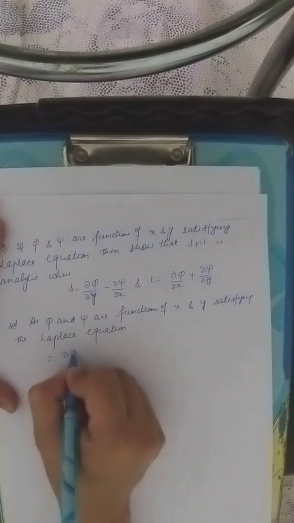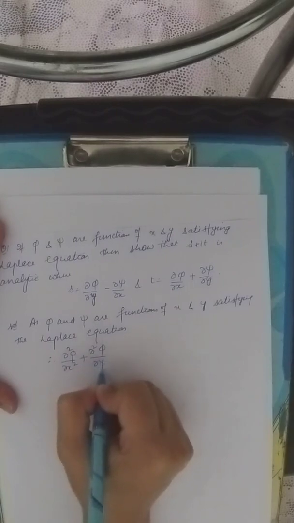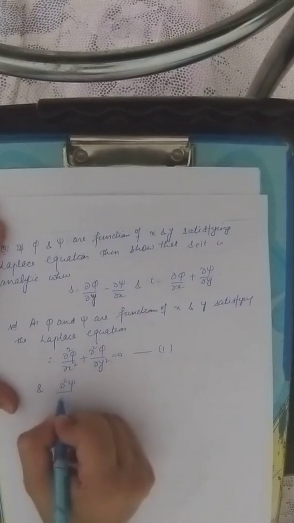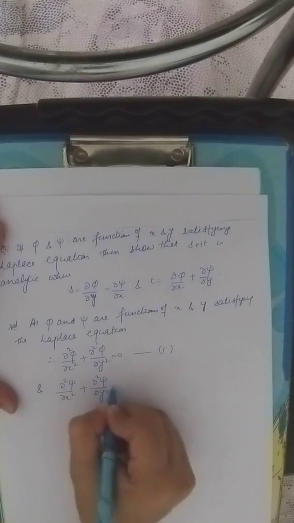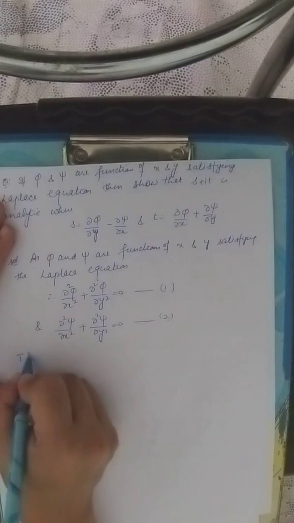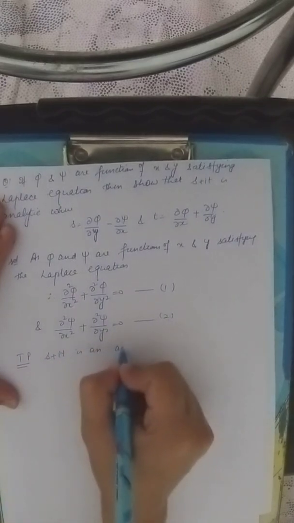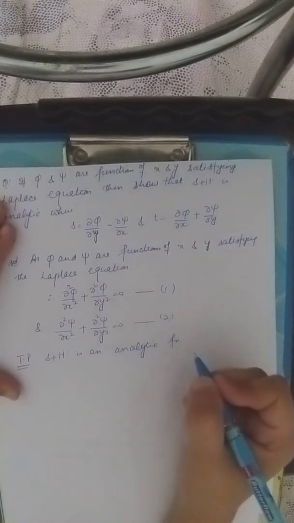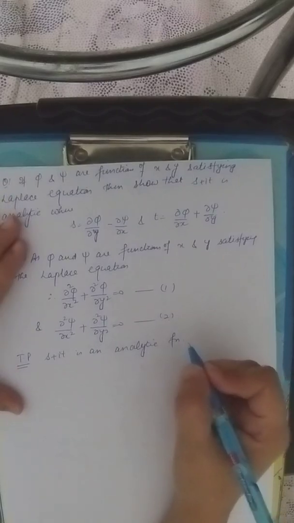Therefore ∂²φ/∂x² + ∂²φ/∂y² = 0 and ∂²ψ/∂x² + ∂²ψ/∂y² = 0. Now to prove s + it is an analytic function, we will have to show that both s and t satisfy CR equations.